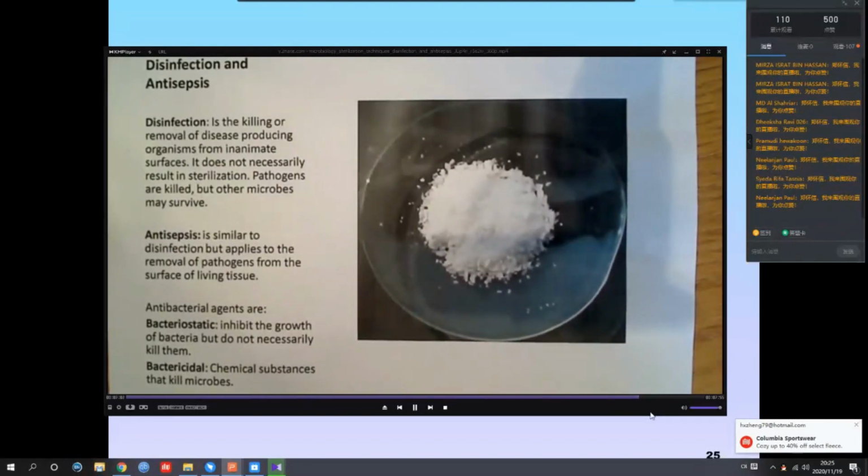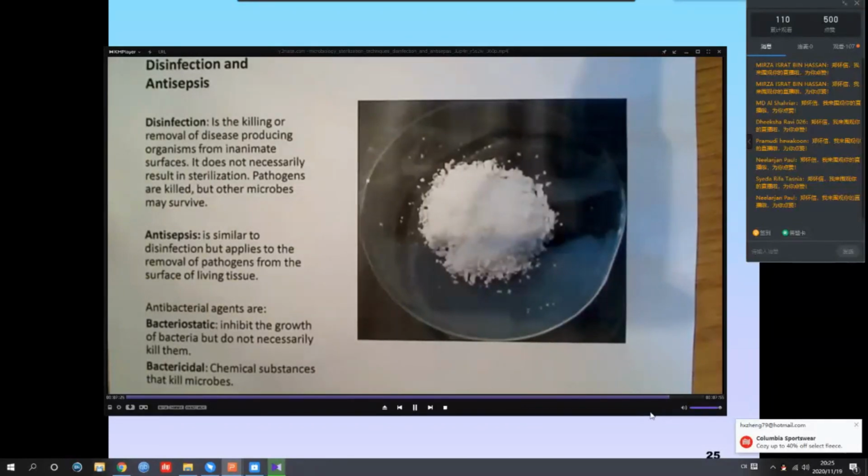The disinfectant agents that you might use on, say, your laboratory bench are not going to be the same as what you use on the human body. They're not going to be as harsh. Antiseptics are usually not as toxic as disinfectants, which would frequently damage living tissue. So damage to living tissue can definitely occur if you're using a disinfectant when you should be using an antiseptic.